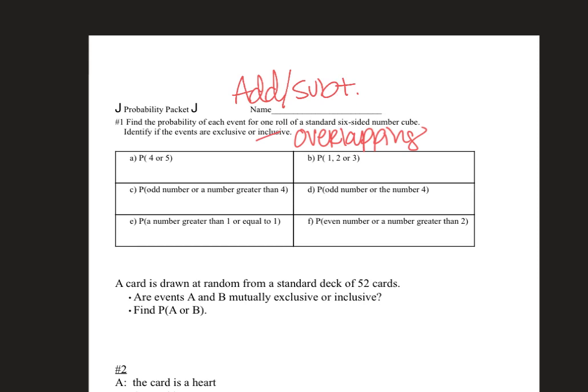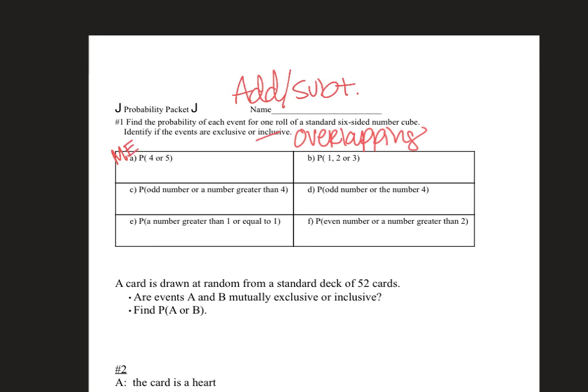All right, so the first one, probability of 4 or a 5. Mutually exclusive means they have nothing in common. Overlapping means that there is going to be some overlap. 4 and 5 are two totally different things, so the first one is mutually exclusive.